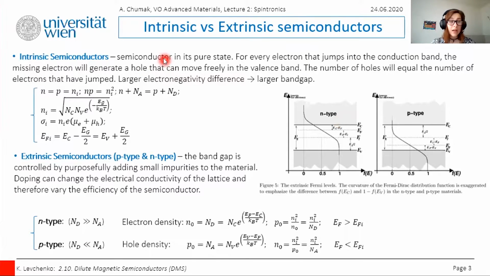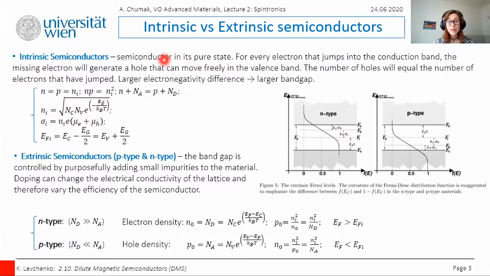Talking about semiconductors, in their pure state they are intrinsic materials, so ideal perfect crystals. When an electron in an intrinsic semiconductor gets enough energy, it can go to the conduction band and leave a hole behind. This process is called electron-hole pair creation.